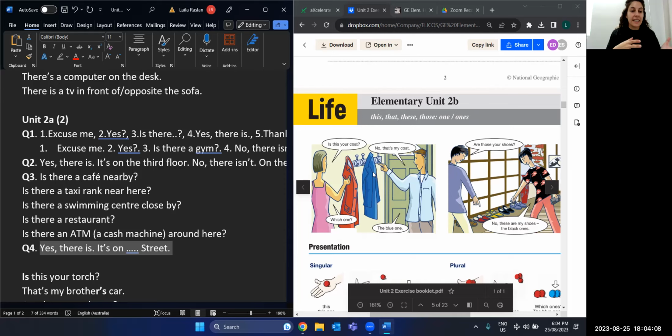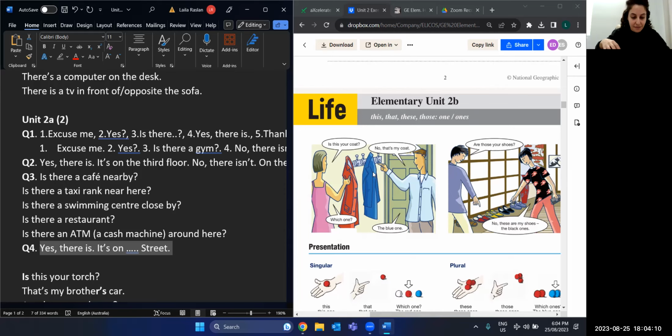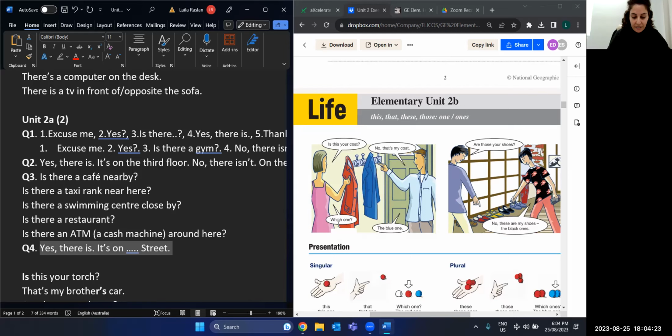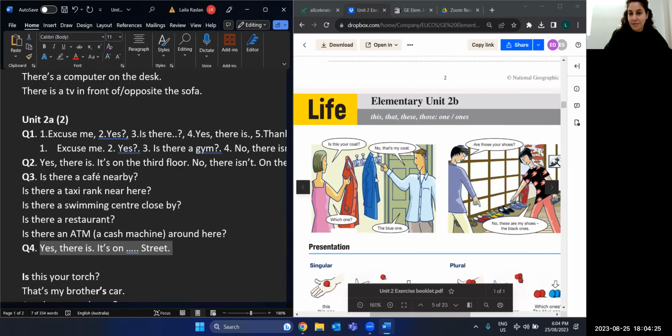So remember, if it's near or close, that's when we say this, and far is that. So he's saying that. So he's not very close to her. She says, which one? So usually when there's more option, there's an option. Which one? And he says, the blue one. This man says, are those your shoes? She says, no, these, for plural, are my shoes, the black ones.